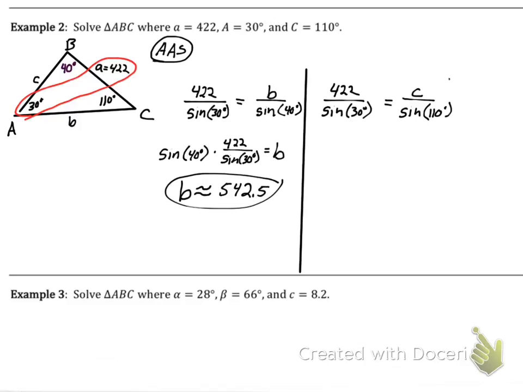I'm going to skip a step here. I'm just going to say C equals, I'm going to flip the sides right off the bat. So I multiplied both sides by 110 times 422 over sine of 30 degrees. So in my head, I multiplied both sides by sine of 110, and I flipped the sides around.